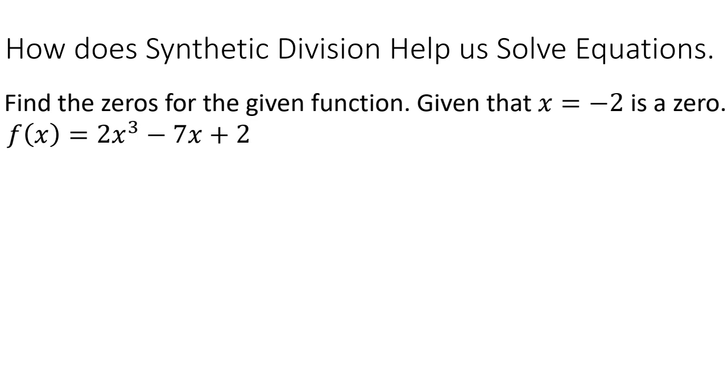So I'm missing 2, but they gave me 1. They say that x equals -2 is a zero, but I know that technically this function should have 2 more zeros.